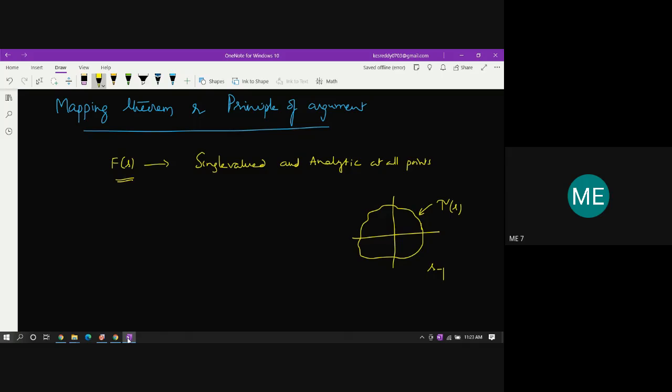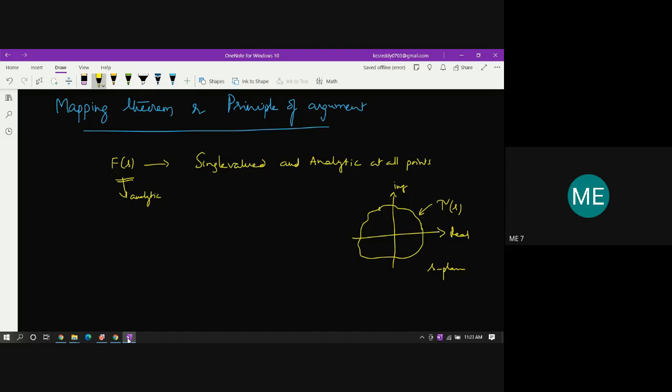So this is the S plane, with the real and imaginary axes, chosen in such a way that f of s is analytic. Since f of s has denominator roots, this path should not pass through those denominator roots. Then only can we say f of s is analytic at each and every point on the tau of s path.